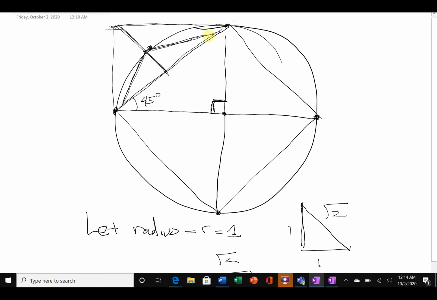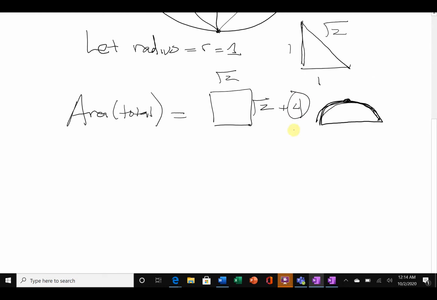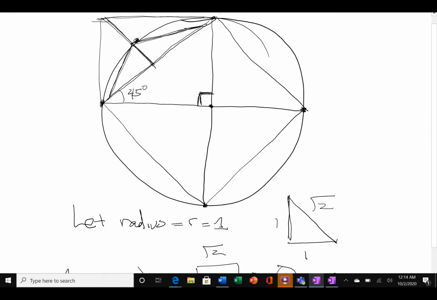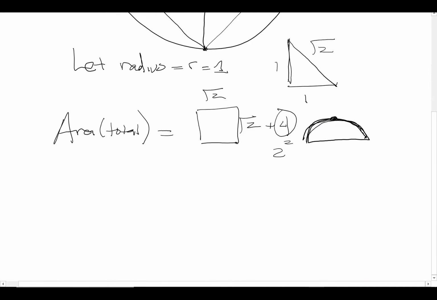I didn't draw perfectly. Now you have new semicircles. Originally we have 4, which is equivalent to 2 to the 2 squared power. Every time you break it in half, you're breaking it into 2 more sections.